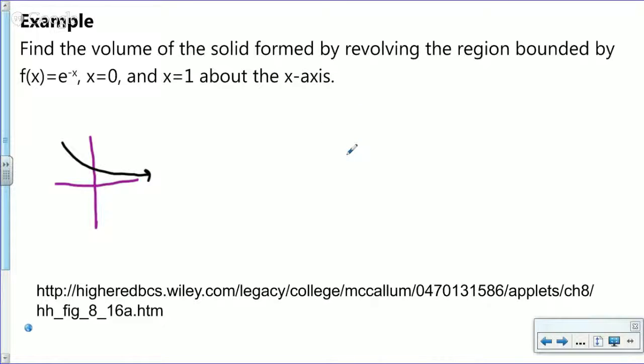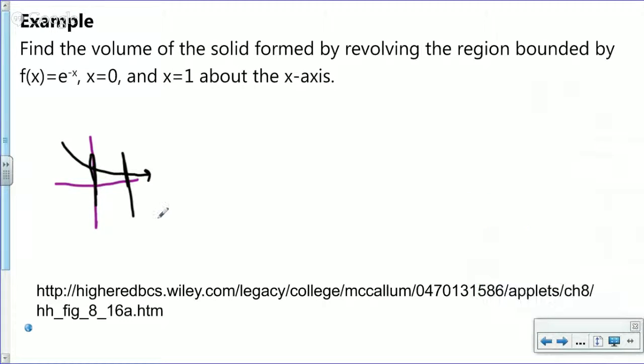Okay, so that's my function f of x. I also want to use the line x equals 0, which is the y-axis, and x equals 1. We'll say that's right here. Okay, so I want to take this region right here and rotate it about the x-axis.